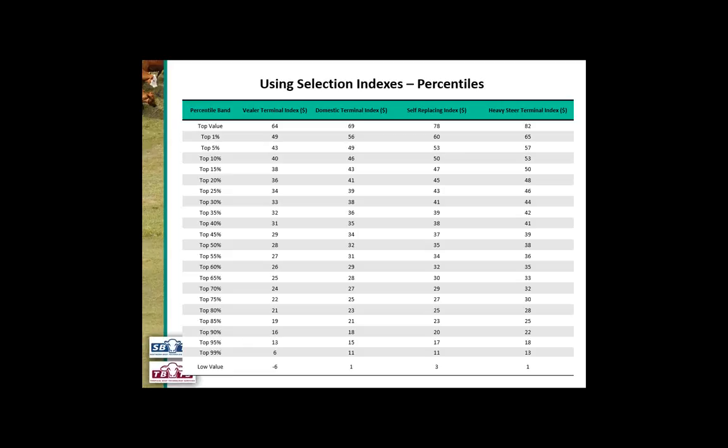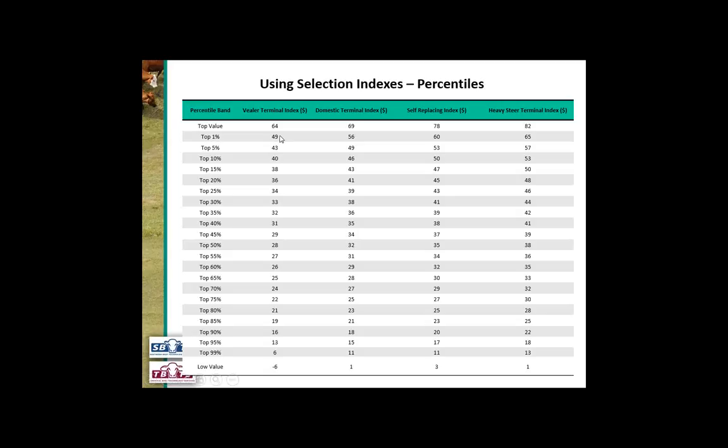So if a Limousin sire had a Vila terminal index, let's say of 52, you would see that that would put that particular sire in the top 1% for the Limousin breed for that particular index.